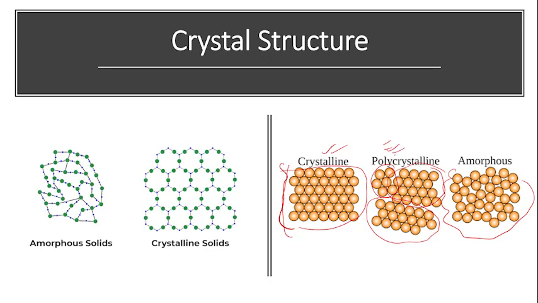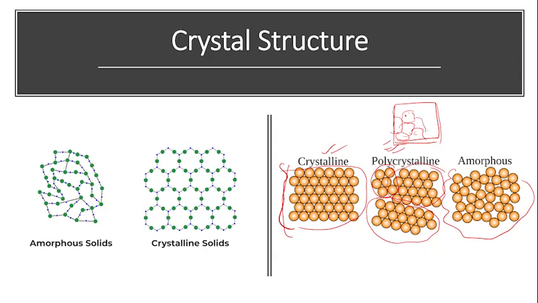Why is polycrystal found? Suppose you're melting a metal, and then you start solidification. Solidification starts from the boundary, or if some impurities are there, it will start from them. I will teach you in casting how the solidification phenomenon works. Suppose one grain is forming here, one grain here, one grain here.